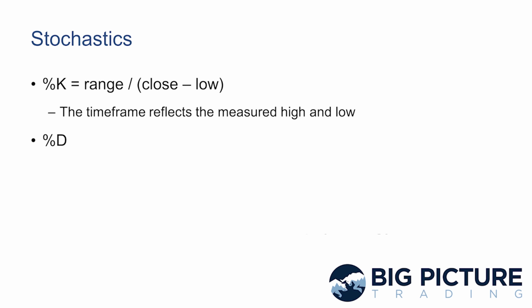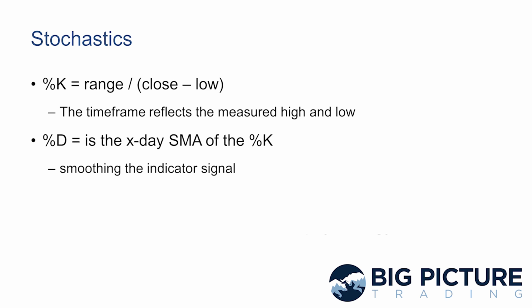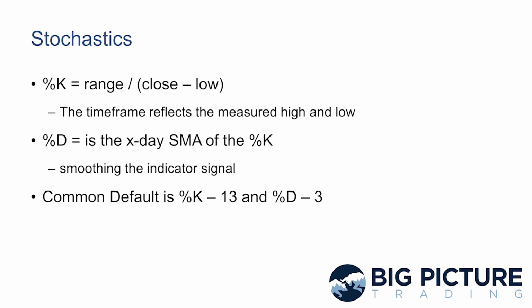It's a moving average of the percentage K, so essentially we get a signal line that is crossing. I'll give a perfect example of this. The most common metrics traders use are the 13-period percentage K and the 3-period percentage D.